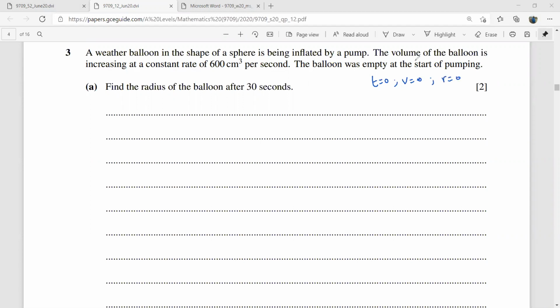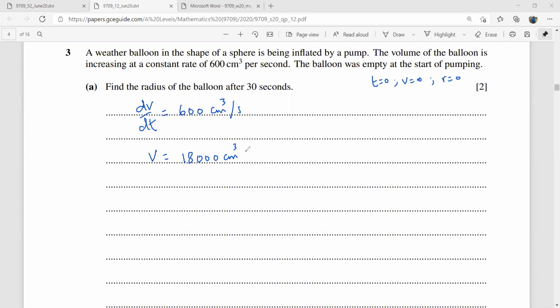It says the volume of the balloon is increasing. So dV by dt is given as 600 centimeter cube per second. So find the radius of the balloon after 30 seconds. Using this relation, can I say the volume in 30 seconds would be 18,000 centimeter cube? Yes.